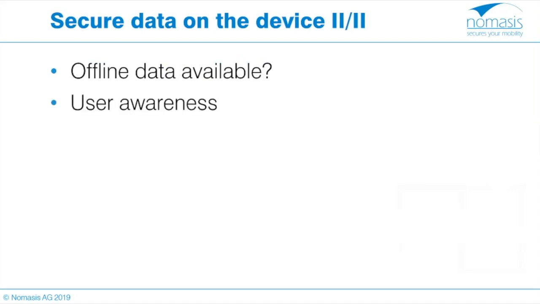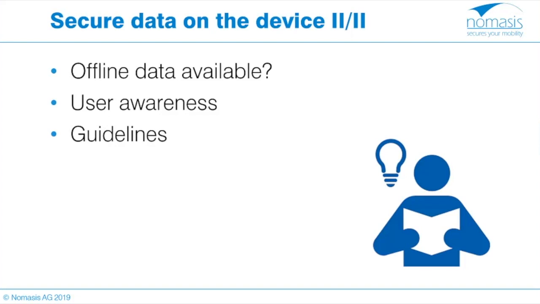This is something that should always be looked at, to create user awareness on how to work with the apps or in general with business data on the device. For that, we usually do guidelines or usage policies. The guidelines can be a piece of paper. The guidelines can also be explained during a workshop, an onboarding workshop, however.